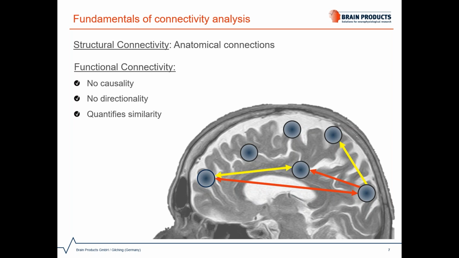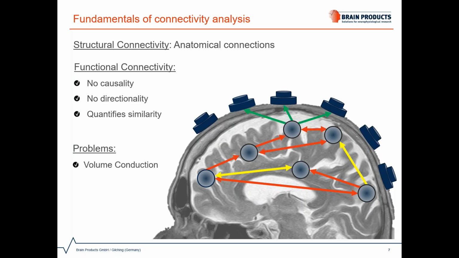When we quantify functional connectivity based on EEG signals, so on the level of electrodes and not neural sources, we need to take some extra precautions. One major problem when computing connectivity on the sensor level is volume conduction.